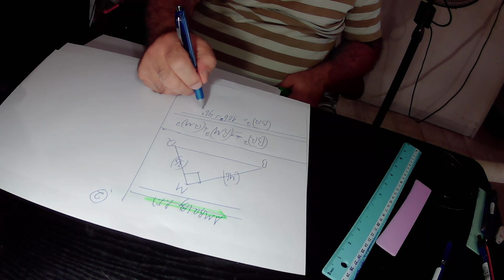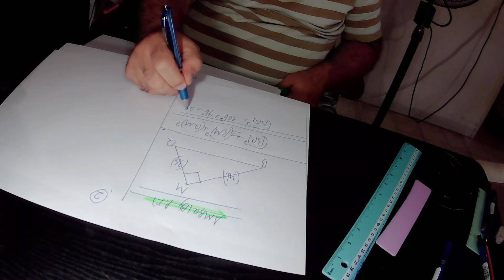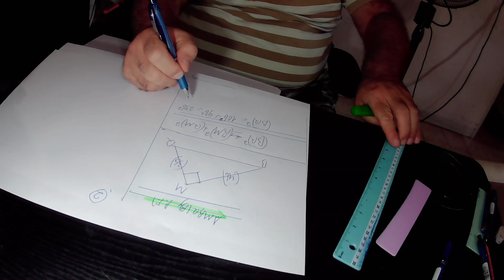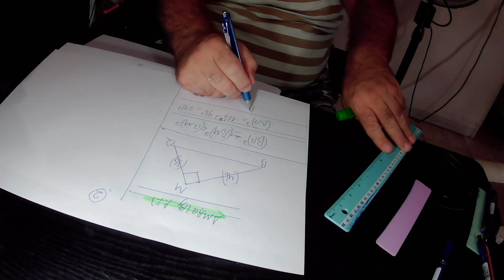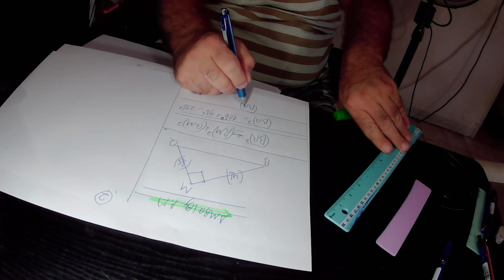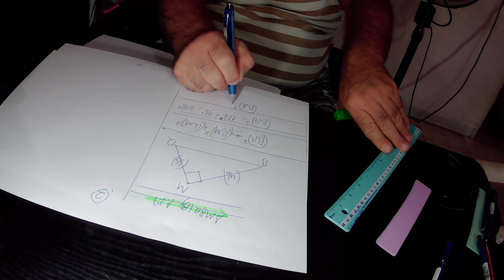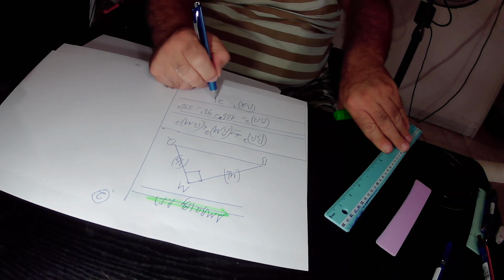16B squared plus 9B squared is 25B squared. So in total we find out that BQ squared equals 25B squared.